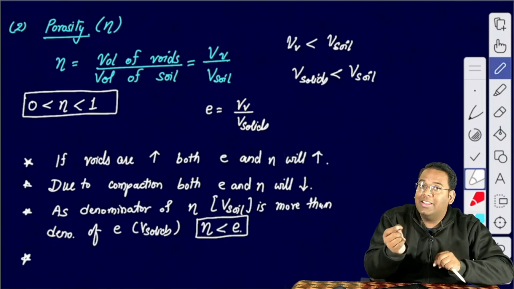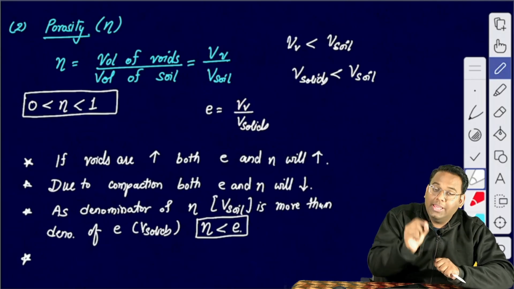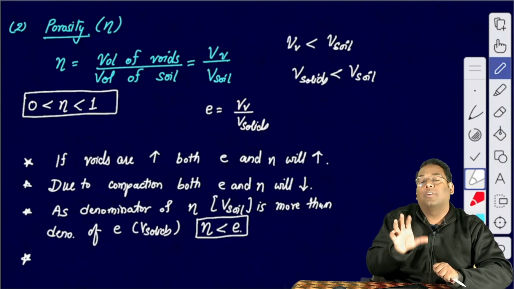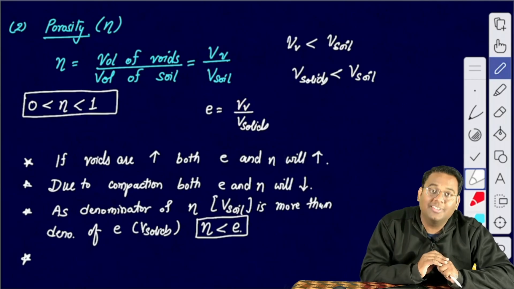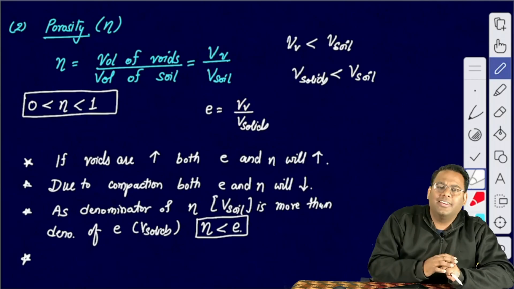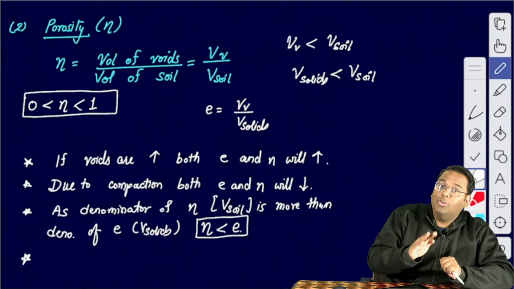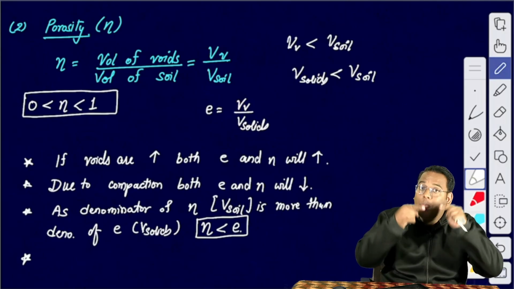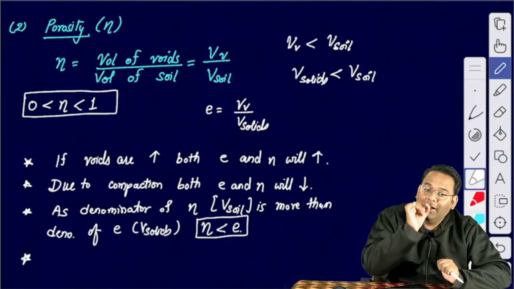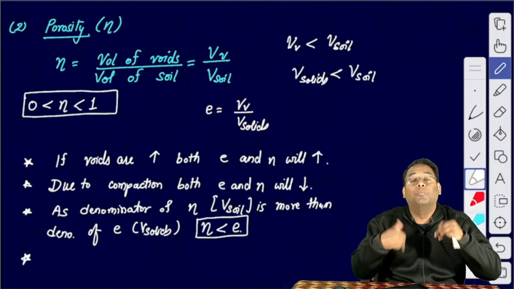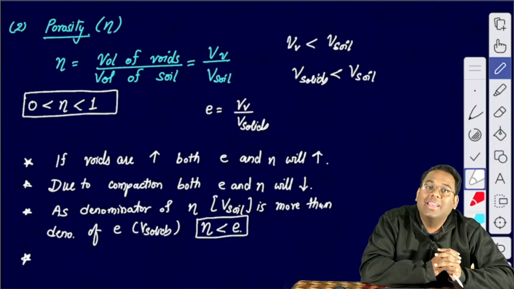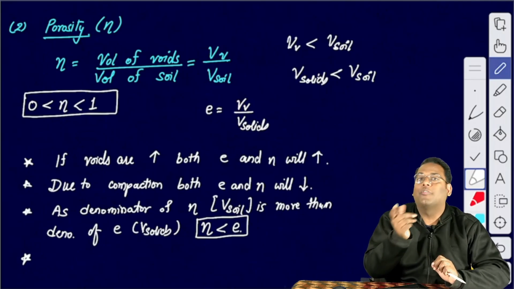But what we did in the percentage, we fixed the value as 100 in terms of which we are going to represent. Yes or no? That is per cent. Cent is 100. Yes or no? So if the denominator out of which we are going to represent the voids is fixed, the term will be more useful in comparing two different states of soil.